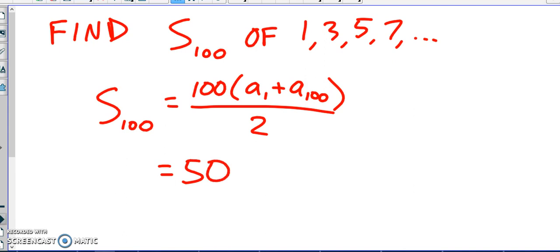Well, first of all, I could divide the 100 by 2 and get 50. Because these are multiplied, I only have to divide one of them. And then A1 would be 1.